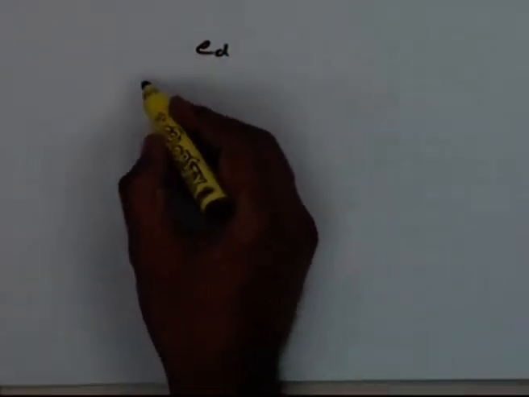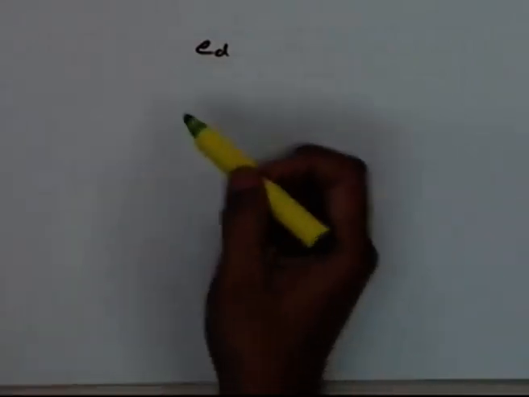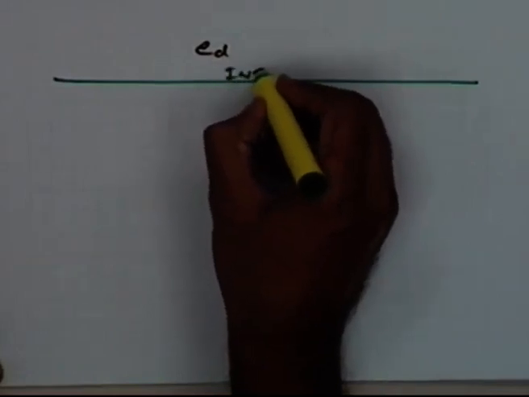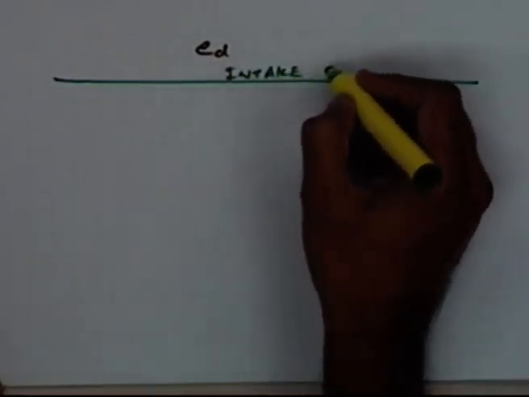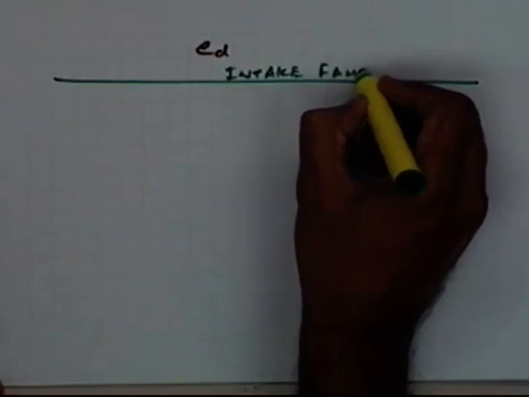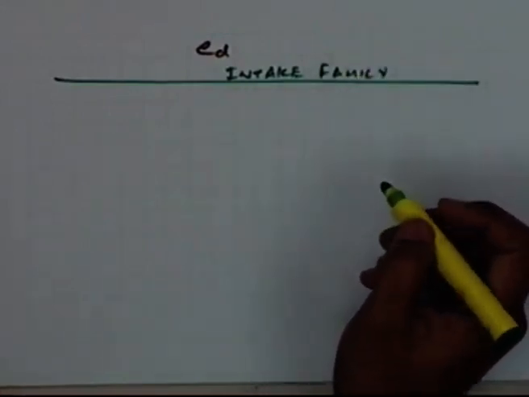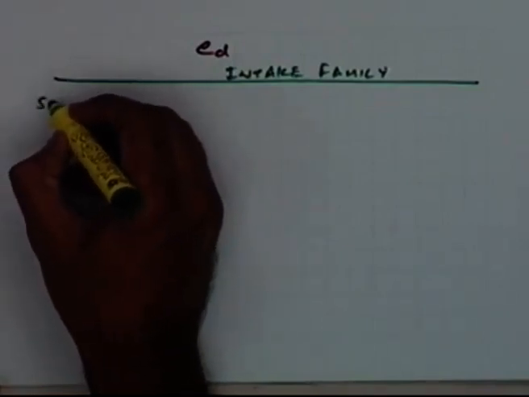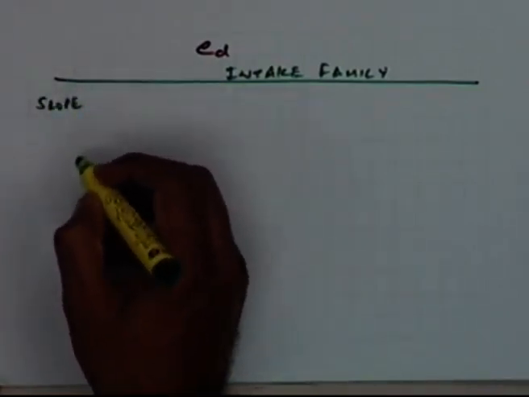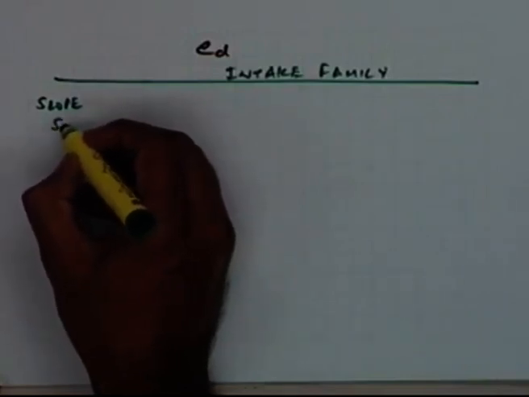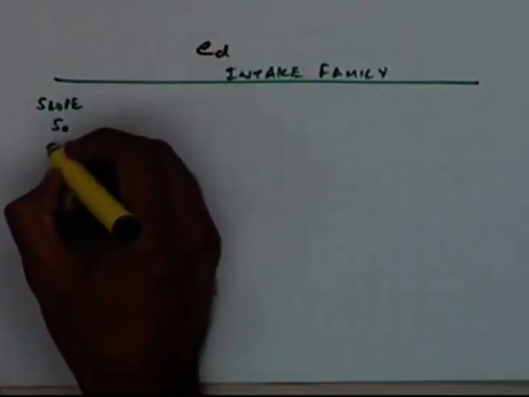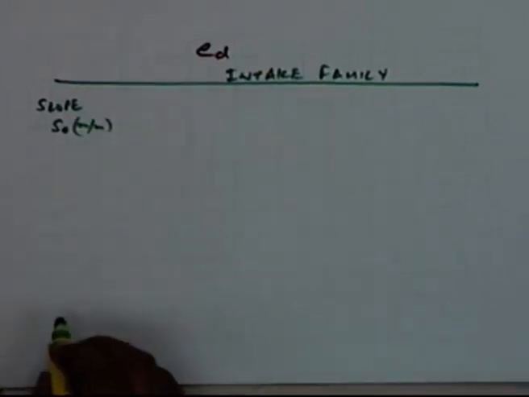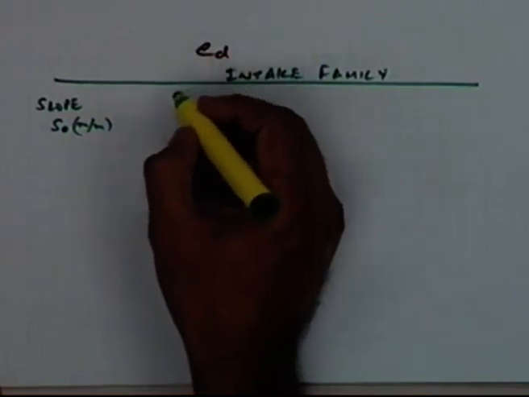This ED value is given for different intake families, and we had discussed what the intake families are. For different intake families, there are relationships available for different slopes, and the slopes are given in meters per meter.